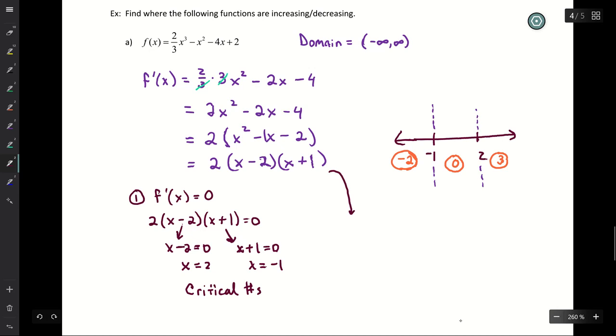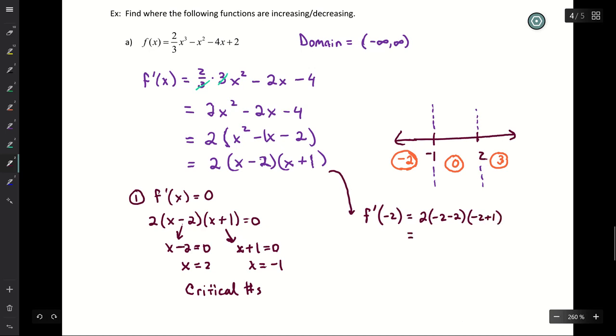So we're going to come down and say, we're going to evaluate f prime at -2. And the only thing we care about when we get done here is just the sign of our answer. We don't care about the number, we only care if it's positive or negative. So on this one, we'll say it's 2 times (-2 minus 2) times (-2 plus 1).